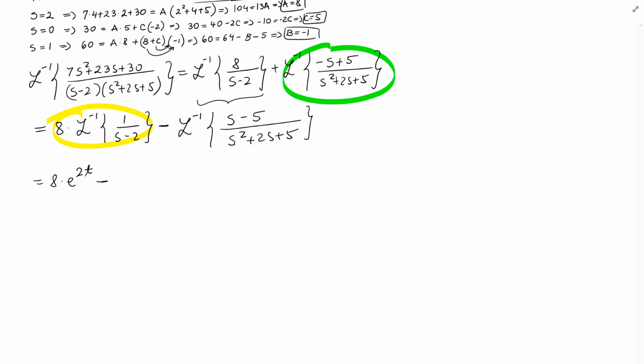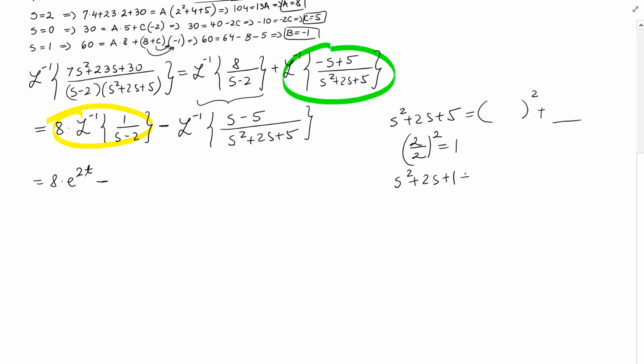How do I complete the square for s squared plus 2s plus 5? I want it in this format, plus something. If we take the middle term, divide it by 2 and square it, we get 1. That one is actually the third term I need to make a perfect square.